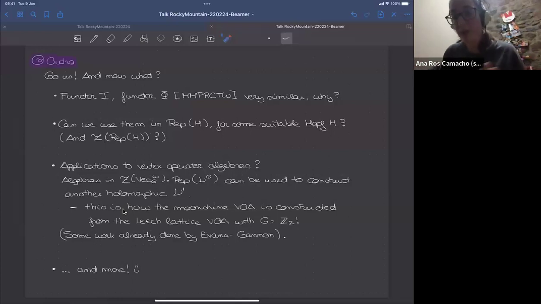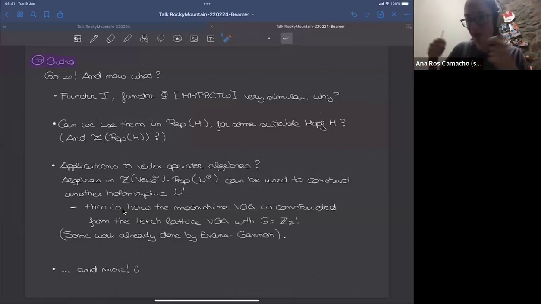And after conversations with our colleagues in Belgium, this functor seems to appear in other very similar contexts. So what's going on? Why is this always working? When does it fail? And how can we apply it to other places, like the study of representations of some Hopf algebra, something fancier?